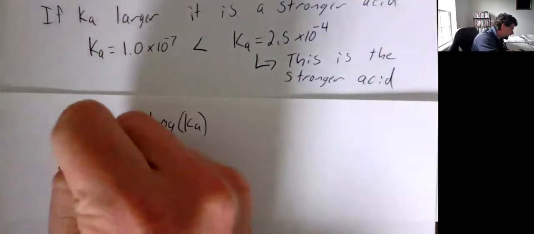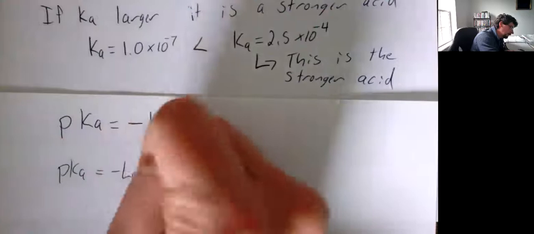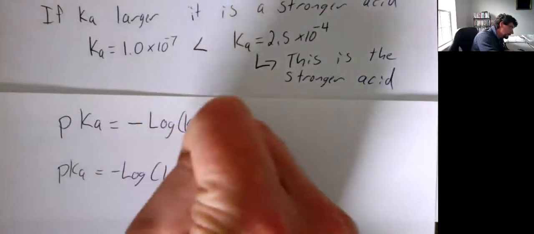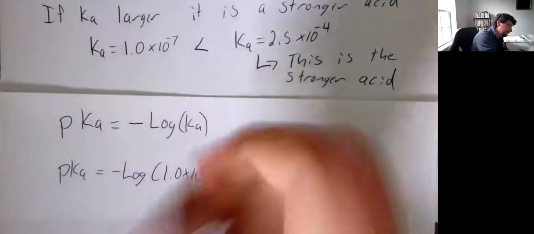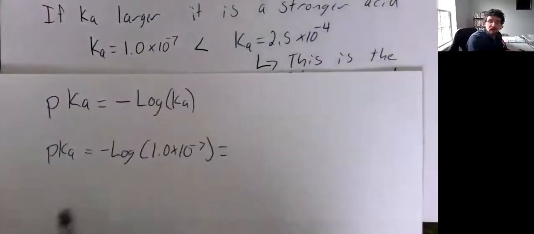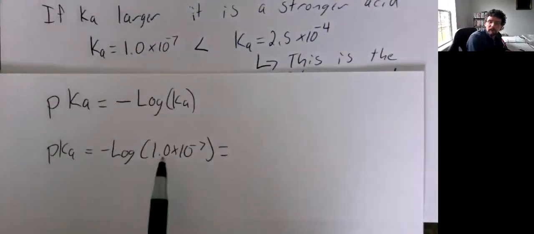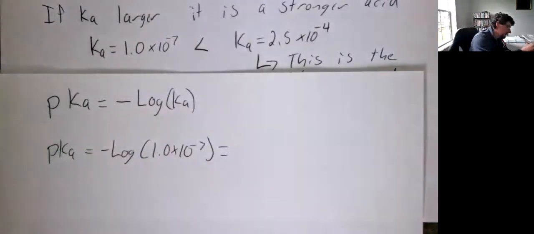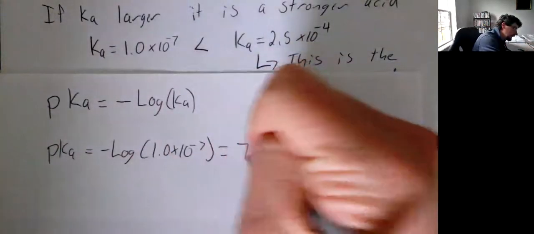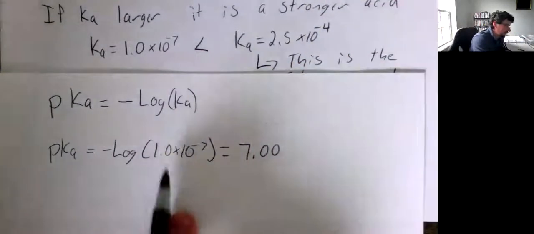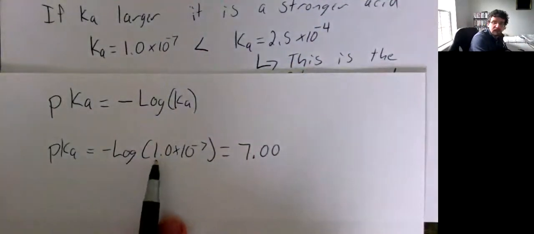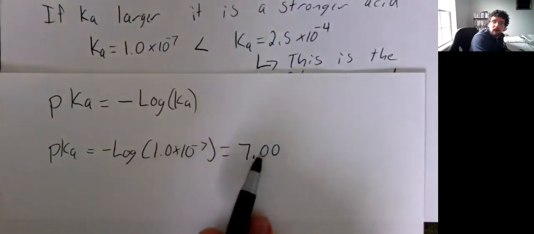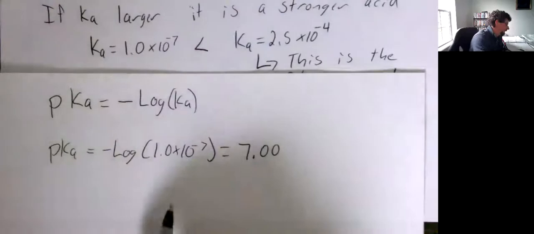So if we take pKa, negative log 1.0 times 10 to the minus 7, kind of neat thing with this function, if you have a 1 here, all you have to do is take the negative of this exponent, and that will be your answer. And remember, sig figs with logarithmic functions, whatever you're taking the log of, that's how many decimals it should have after the fact.